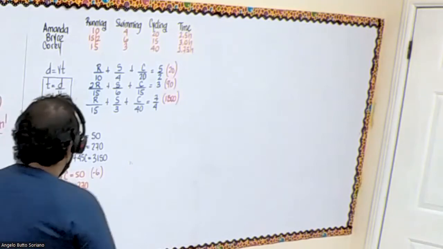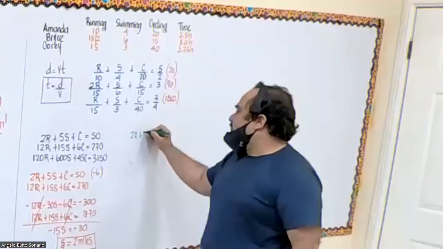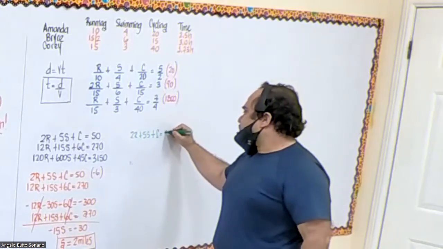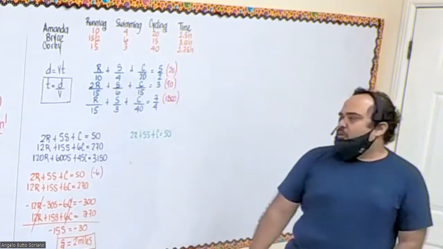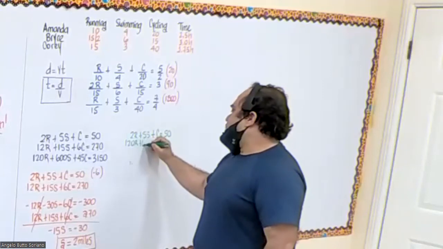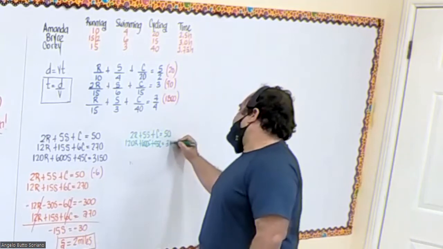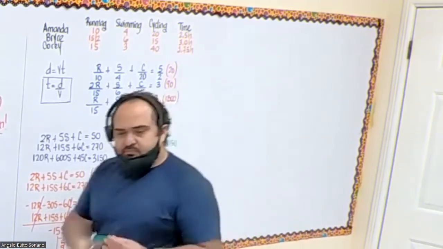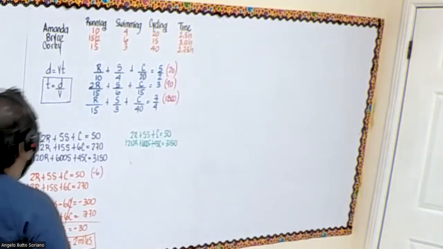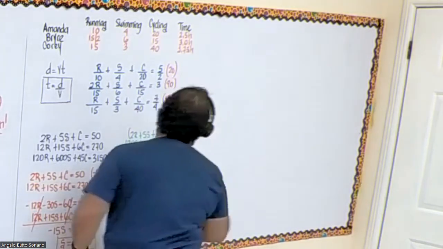Now we can take the first one, 2r plus 5s plus c equals 50, over 120r plus 600s plus 45c equals 3,150. If we really want to eliminate r, the only thing I have to do this time is multiply by negative 60, right?